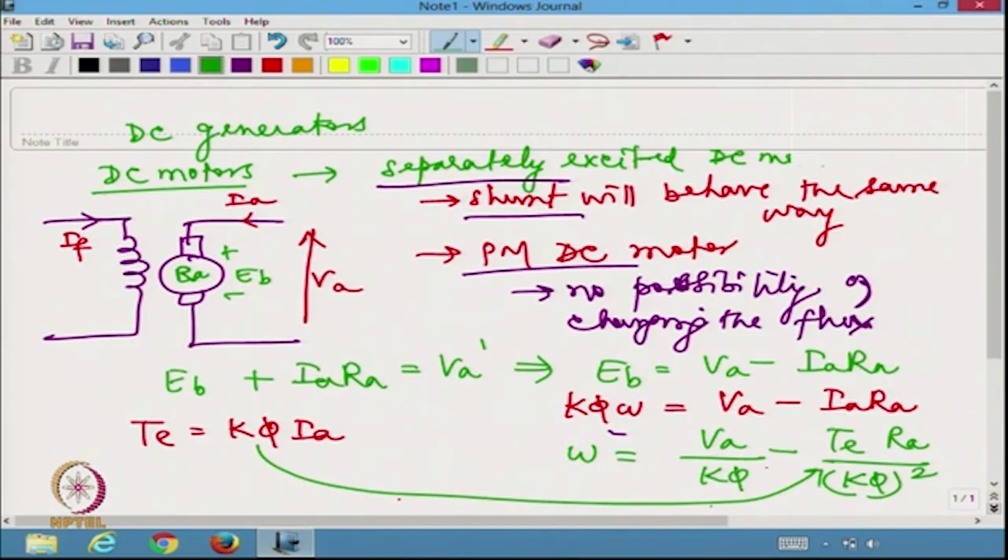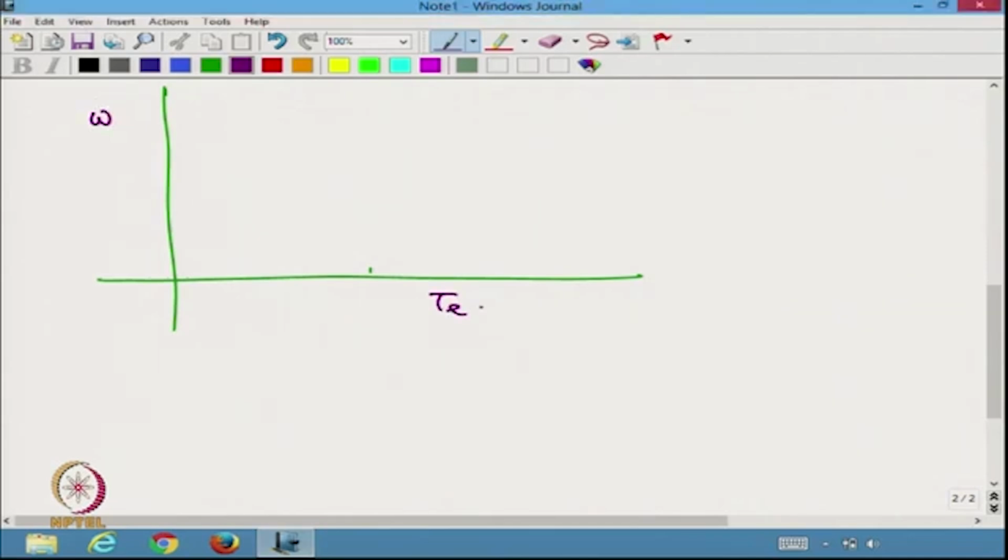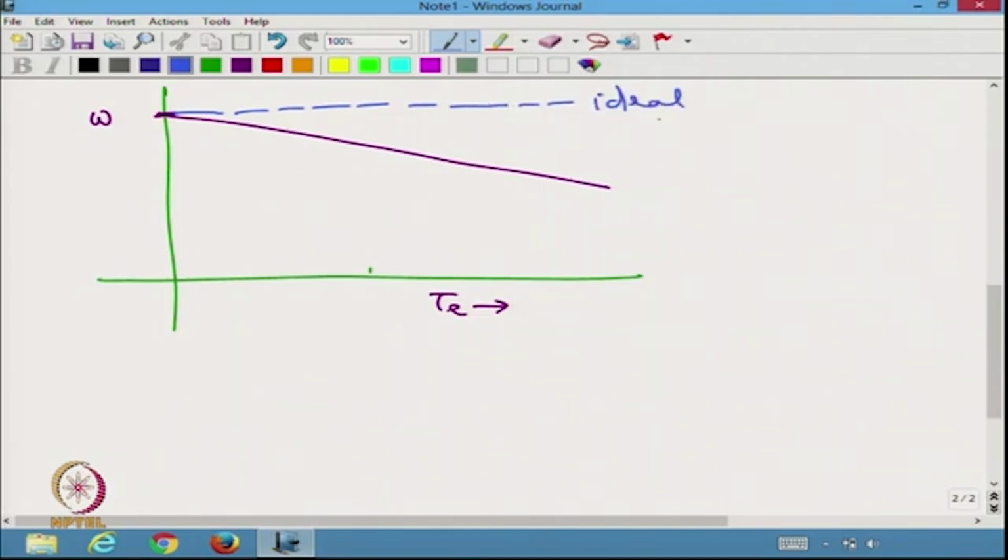So, the torque speed relationship is basically a linear relationship which I can plot somewhat like this. If this is the torque speed plane, on one side I am showing omega, on the other side I am showing TE. So, if I try to plot, this will be a straight line characteristic. If I had the armature resistance to be 0, this would have been the ideal characteristic for the motor.